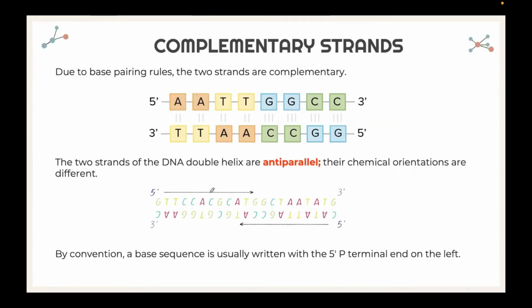So according to Chargaff's rule, diba, meron tayong complementary base pairs, the complementary strands due to base pair rulings, the two strands are complementary. So, meron kang 5 sa taas and then 3 dito. Saan ba galing yung 5 and 3? Sa 5, meron kang phosphate group doon sa dulo. And then doon sa 3, meron kang OH na functional group.